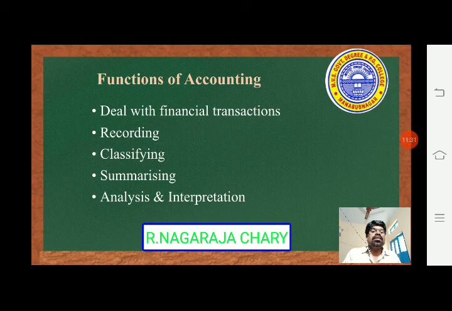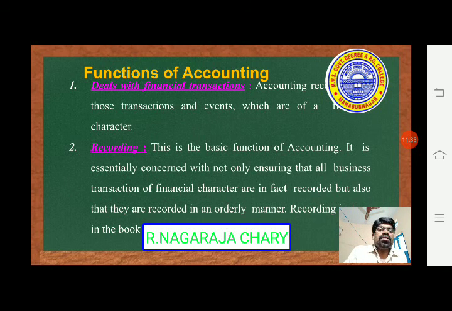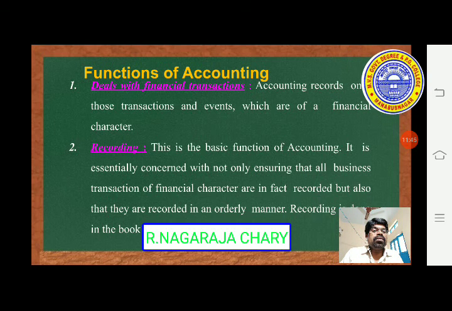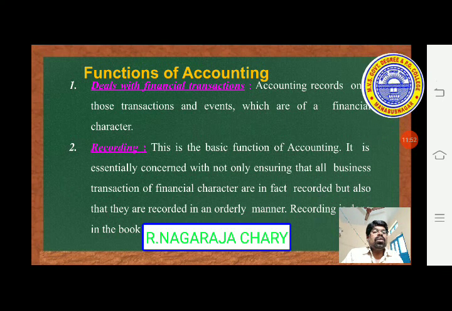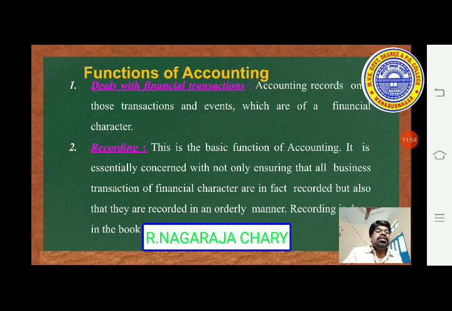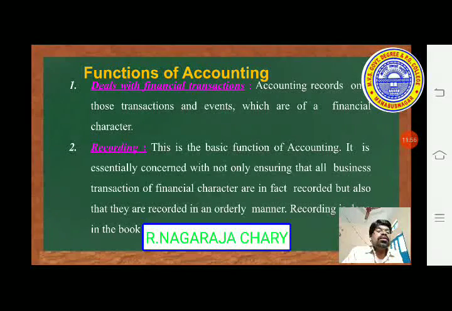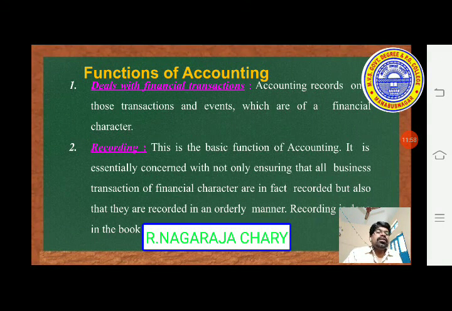It deals with financial transactions. Just now we discussed that financial accounting deals with only monetary transactions, not non-monetary aspects. That's why accounting records only those transactions and events which are financial in character.